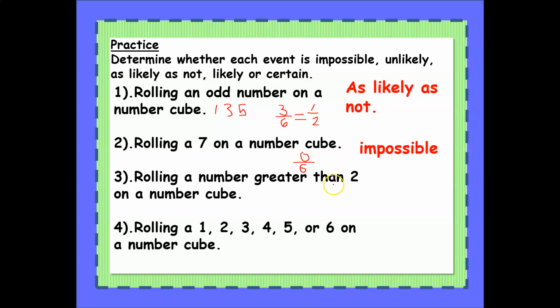Rolling a number greater than 2 on a number cube. So that would leave us 3, 4, 5, or 6. So we have probability of 4/6, which equals 2/3, which is about 67%.